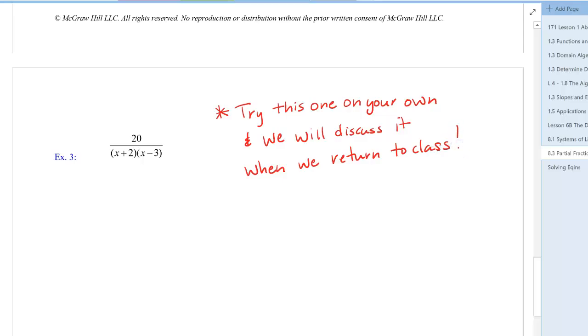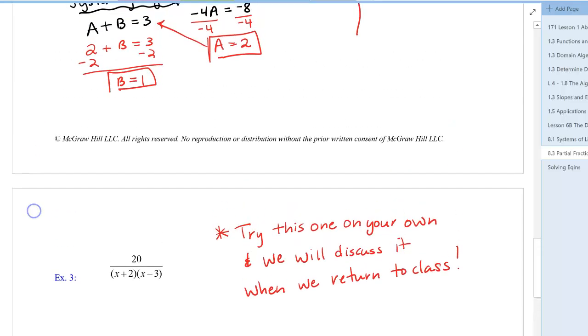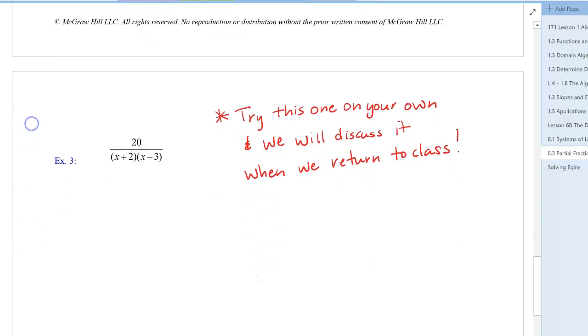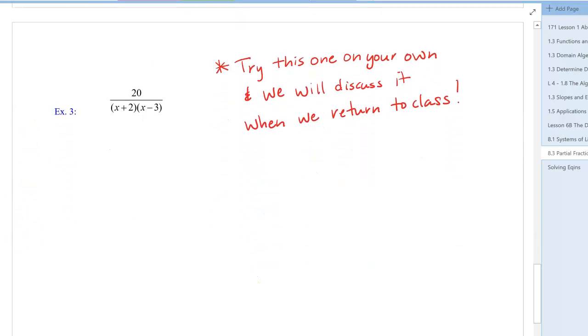So give it your best try. Look at the examples that we've done and see if you can find the partial fraction decomposition.